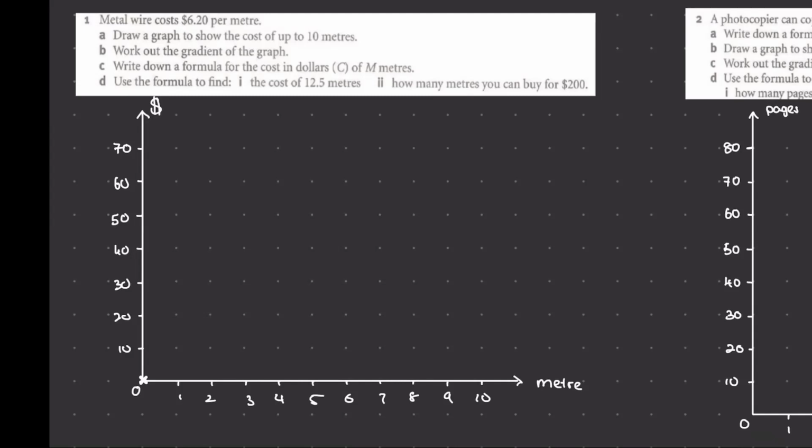So it should be roughly right here. So I'm going to draw this up, and this is my line. So here it will be 10 meters, $62. Here will be 0 meters, $0.